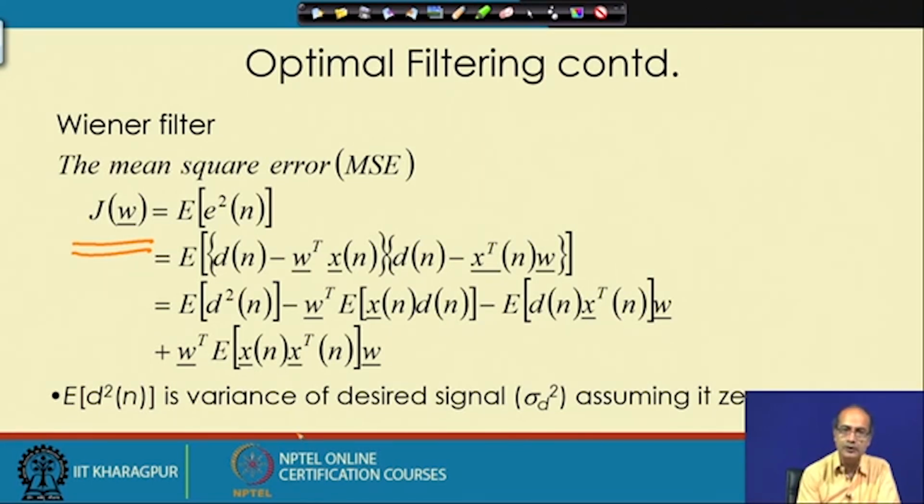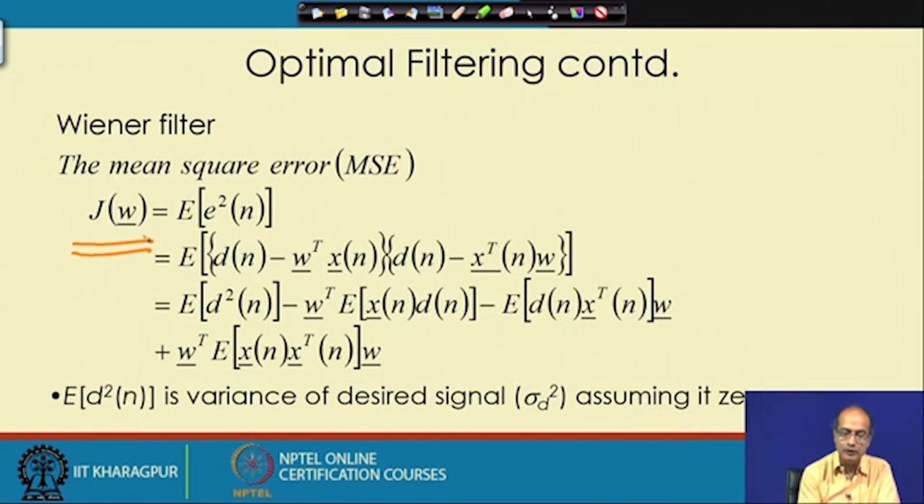We are given them. The only thing we can change is the weights w. So this objective function, the mean square error or MSE in short, is a function of the weights. We have written it as J of w.